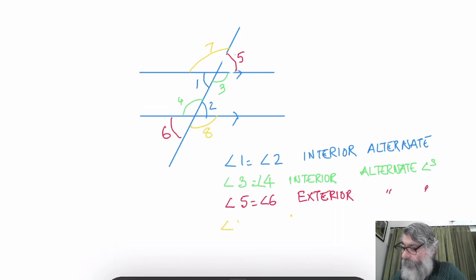Angle 7 is equal to angle 8. These are also exterior alternate angles. So this is about alternate angles. Then let's talk about the corresponding angles. I'll make another figure for you and do that.